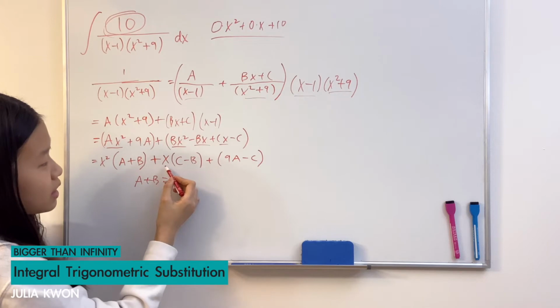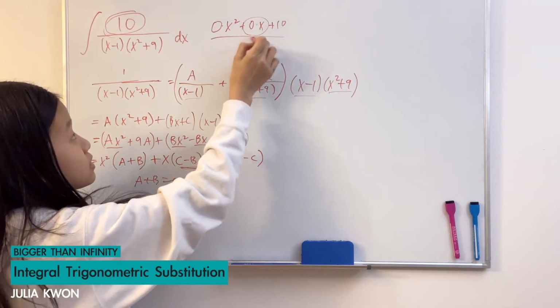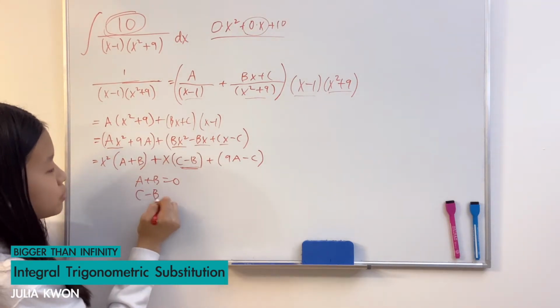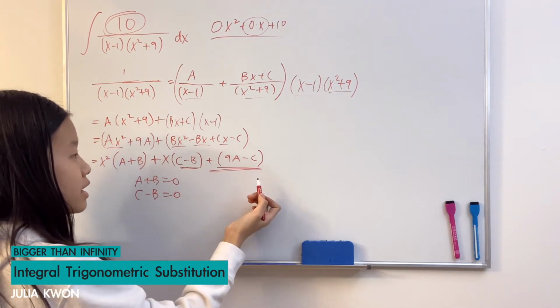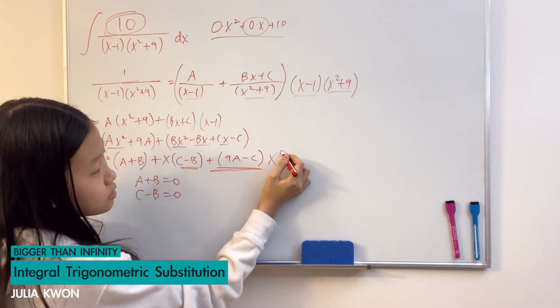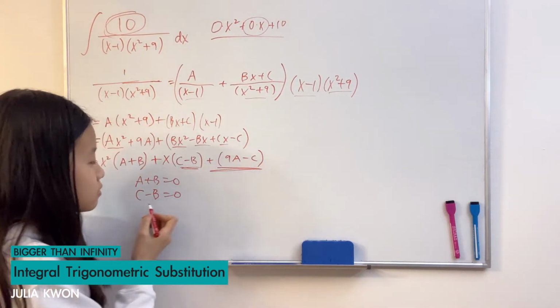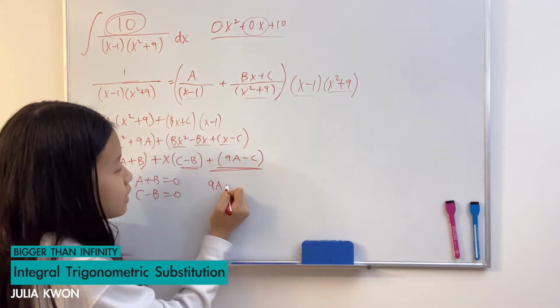And we have x times (C - B), and here it's 0 times x, so C - B will be equal to 0. This doesn't have an x; you could think of it as x to the power of 0, but there's no point. And the 10 will be equal to 9A - C.